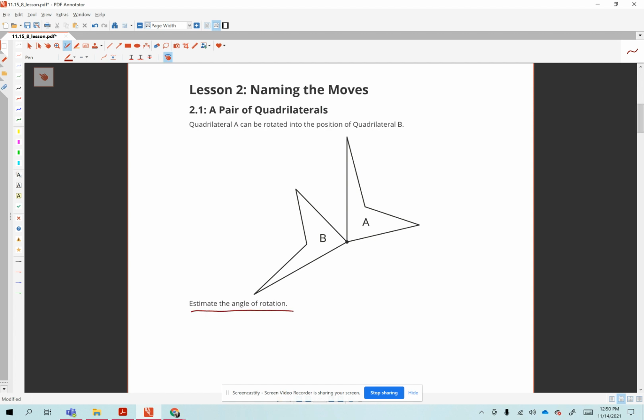It says that quadrilateral A can be rotated into the position of quadrilateral B. So I want you to pause for 5 minutes. If you haven't already, take a look at that and see what you think the angle of rotation is for that.